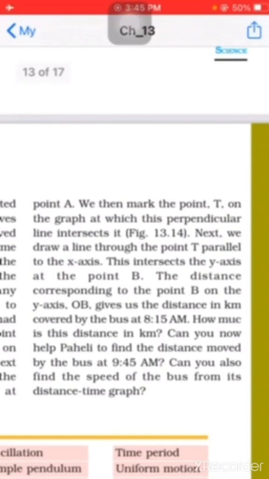Next, we draw a line through the point T parallel to the X-axis. This intersects the Y-axis at the point B. The distance corresponding to the point B on the Y-axis, OB, gives us the distance in kilometers covered by 8:15 a.m.